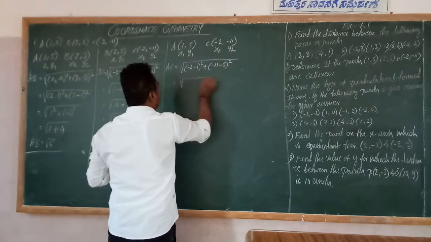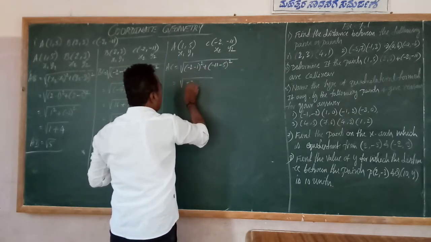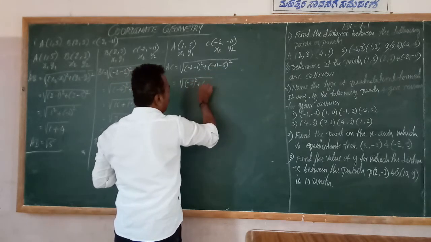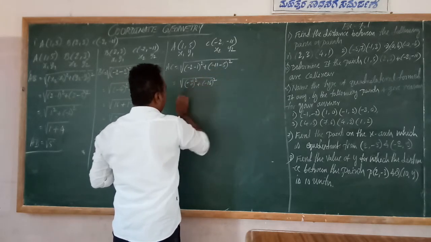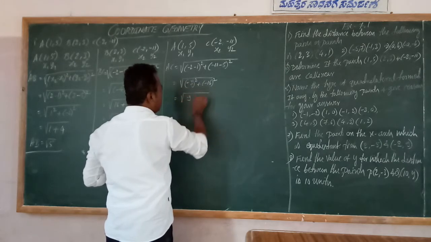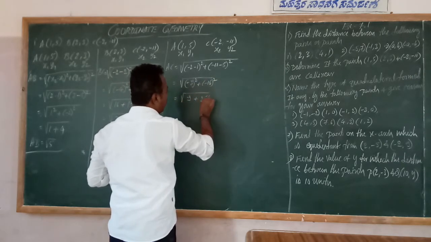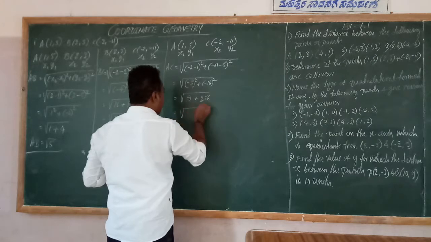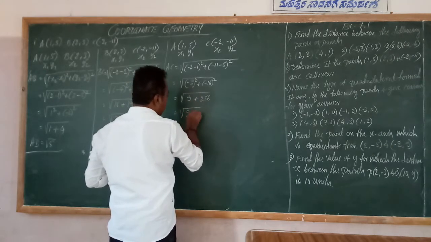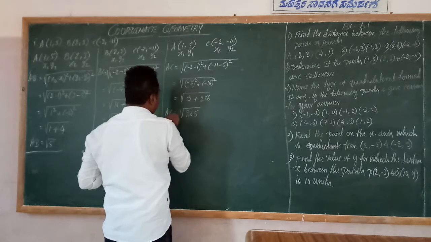That is square root of minus 3 whole square plus minus 16 whole square, which is 9 plus 256. So square root of 265. This is the length of AC.